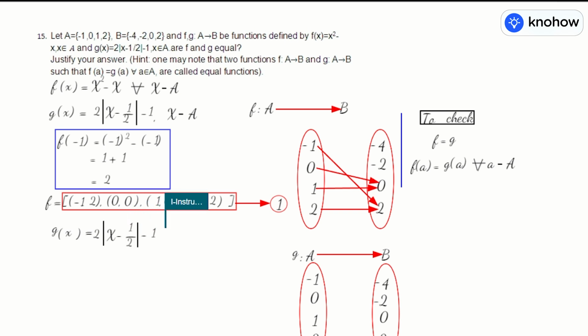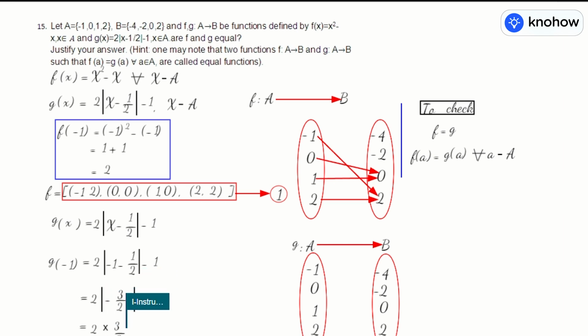Now what is g(-1)? g(-1) will be 2|-1 - 1/2| - 1. -1 minus half will be -3/2, but the modulus of -3/2 will be 3/2, so 2 times 3/2 is 3, minus 1.